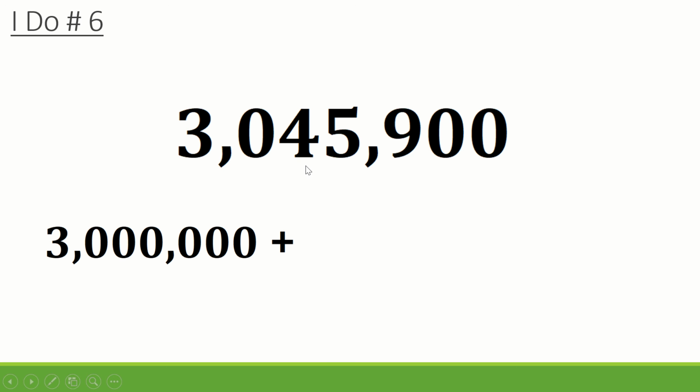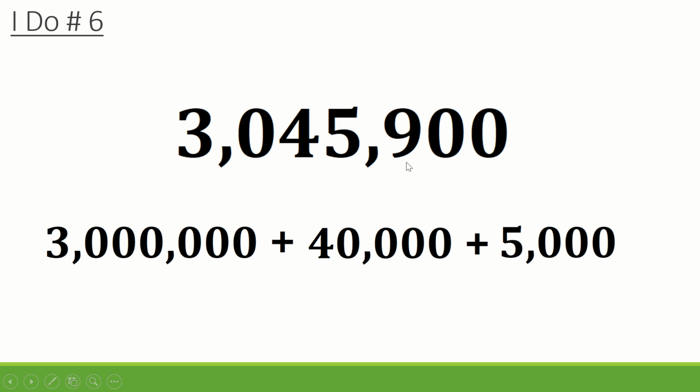The 4 is found in the 10,000s place, and so it has a value of 40,000. The 5 is found in the thousands place, so it holds a value of 5,000. And the 9 is found in the hundreds place, so it holds a value of 900.